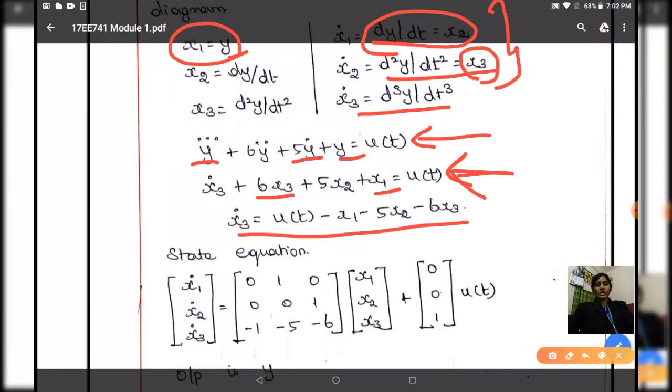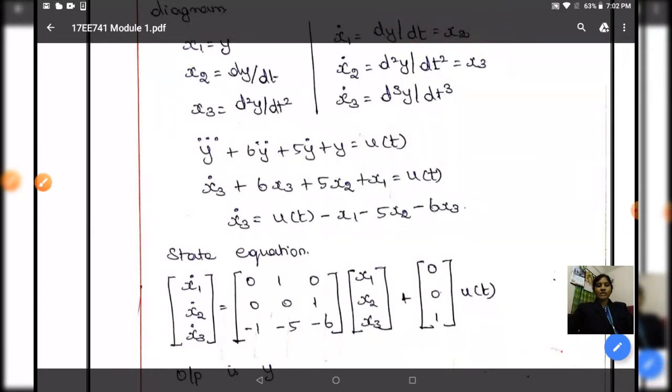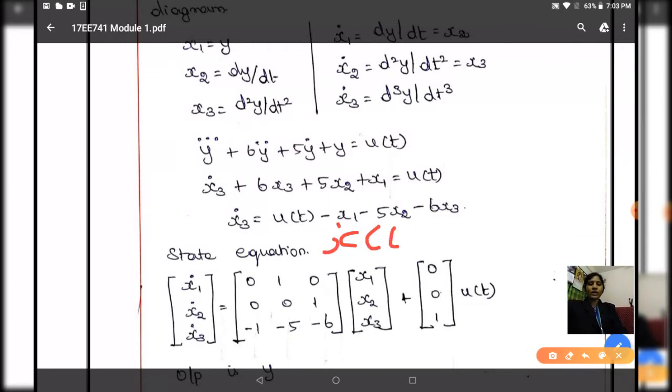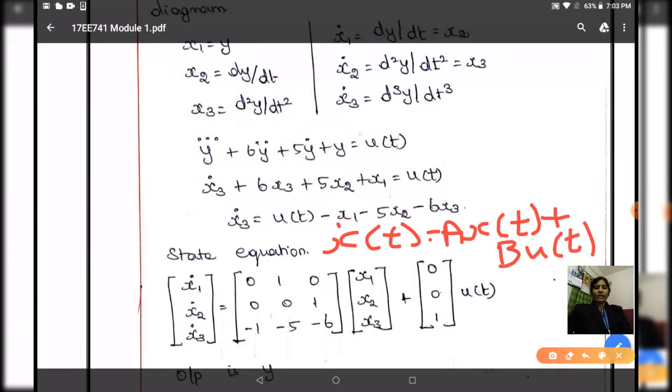Once x3 dot is identified, you can write your state equation. So what is the state equation? The state equation can be written as x dot of t is equal to A x of t plus B u of t. Here A and B are matrices.